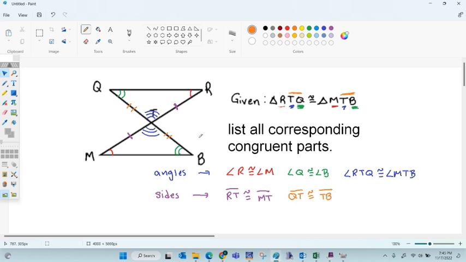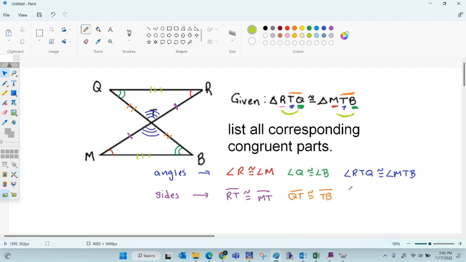And then finally, we've got the other sides that are left. We have QR. Now QR, these do go together. We have QR, 1, 2, 3. MB are in the same spot, so MB also goes together.